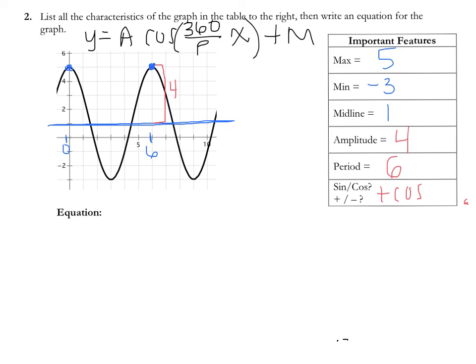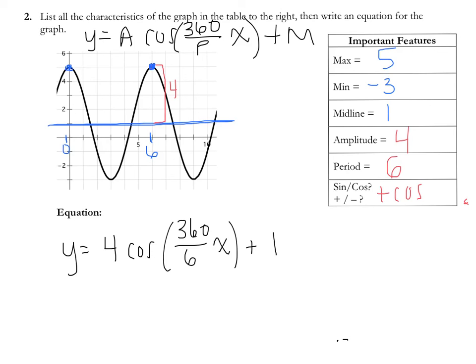So now we can just put all of our important values into that equation. So we have y equals the amplitude, which is 4, times cosine of 360 over the period times x plus the midline.